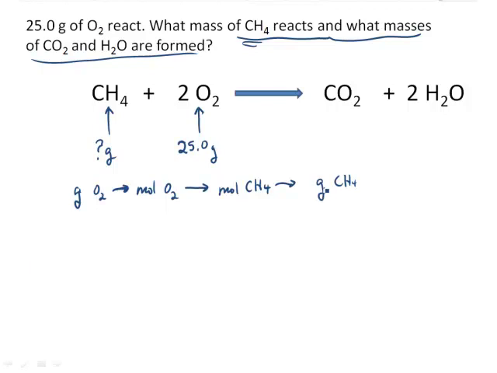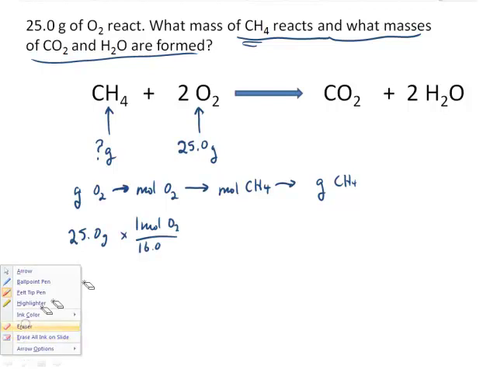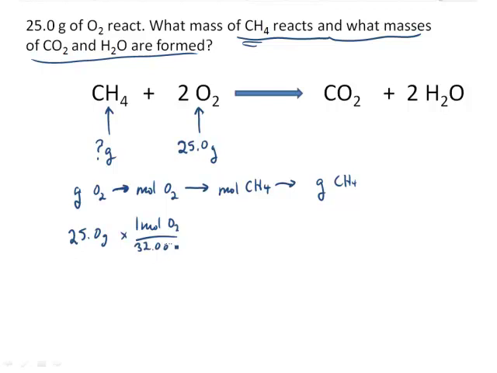So those are the steps we'll use. The first step is easy enough: 25.0 grams times 1 mole of O2 over 16.0. Oh, nope, it's O2, so it's 32.00 grams. So I have 25 divided by 32.